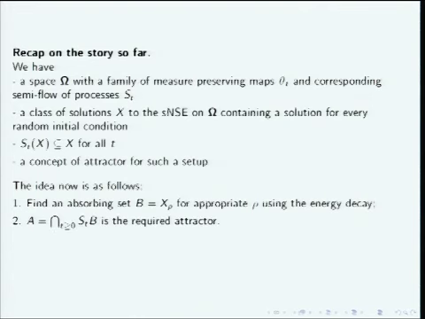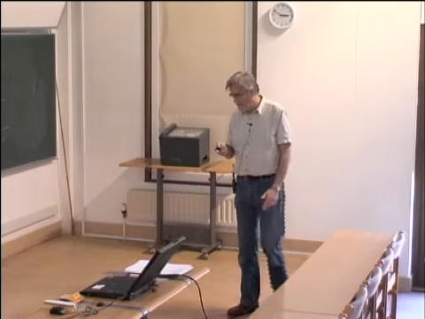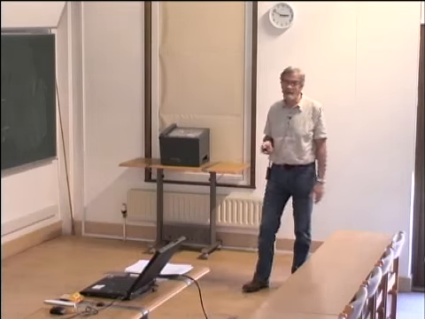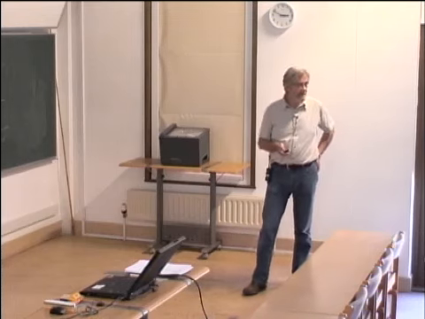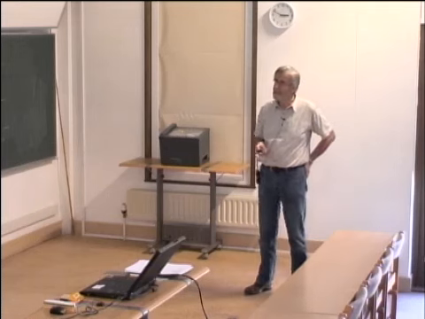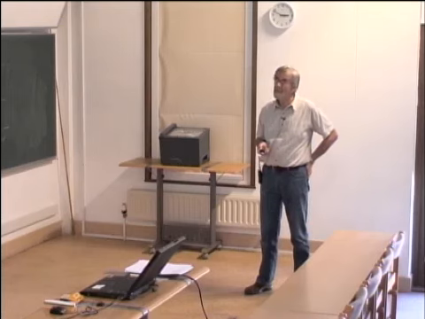And the fact of the matter is that if you just do the usual construction of the intersection of what happens to the absorbing set, you get an attractor. But of course, the hard part is to show that first of all it's not empty, that there's anything in there, and then of course that it has all the right properties. So it's easy to identify it, but it's hard to prove the properties.